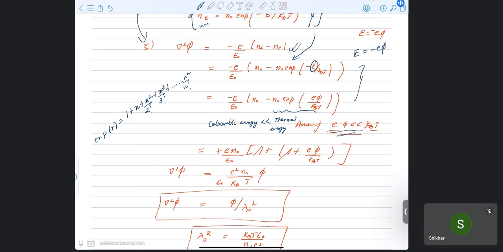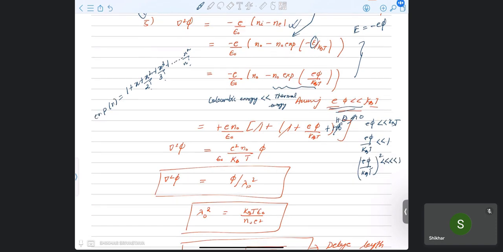So it becomes 1 plus E phi upon kBT, plus higher order terms, which we neglected because of the fact E phi is very less than kBT. That means E phi by kBT will be very less than 1, and E phi by kBT square will be even more less than 1. So we are neglecting higher order terms, and then when we solve this, 1 will cancel.